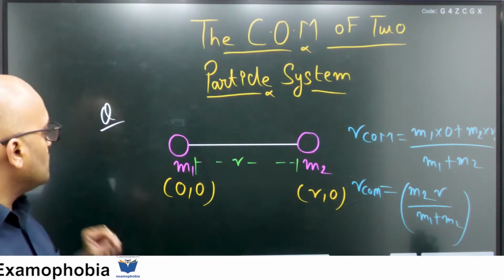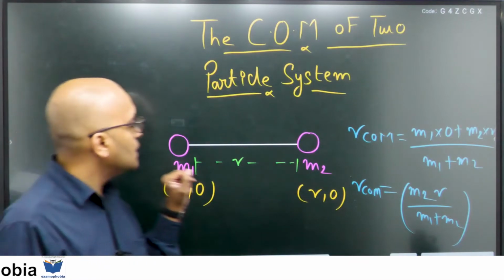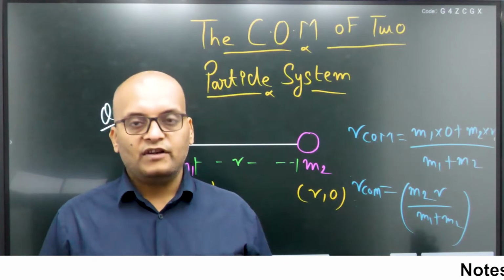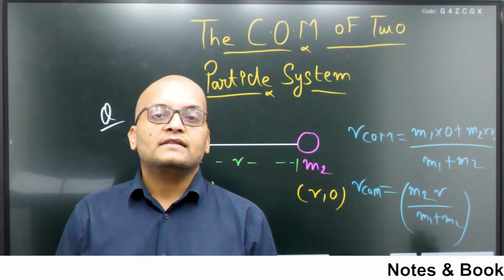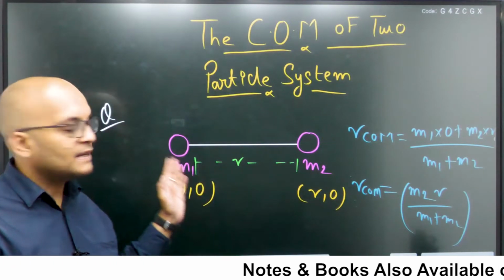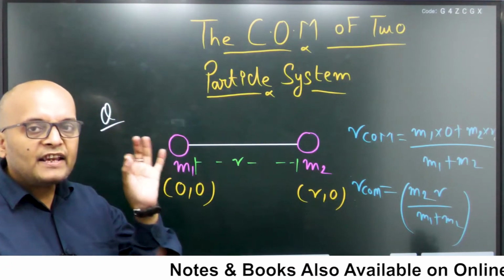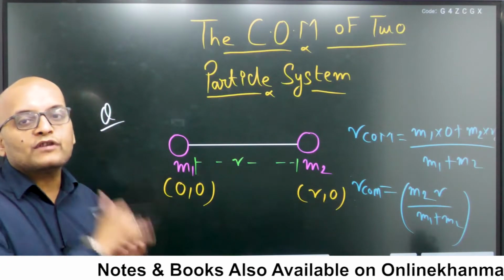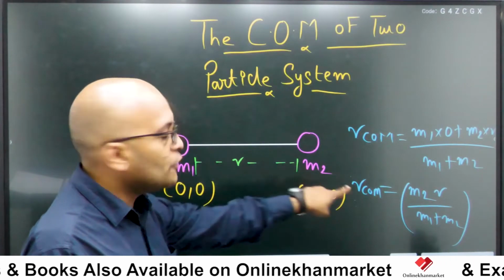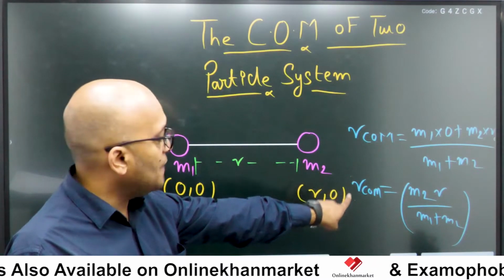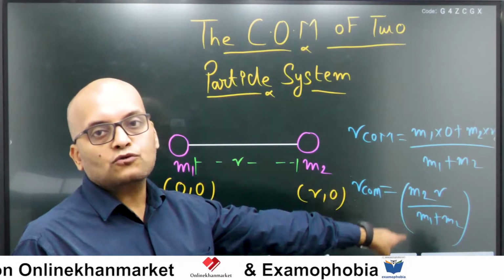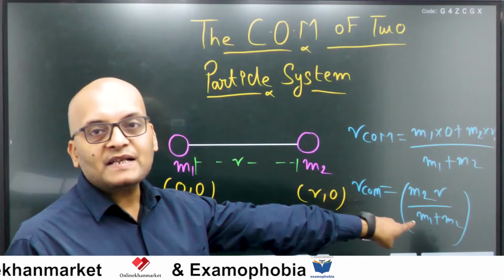Now please listen to me, what I want to say. Whenever I am given a two particle system, I can simply apply a very normal understanding to solve this question. How? See, the coordinate of the center of mass came out to be m2 into r divided by m1 plus m2.